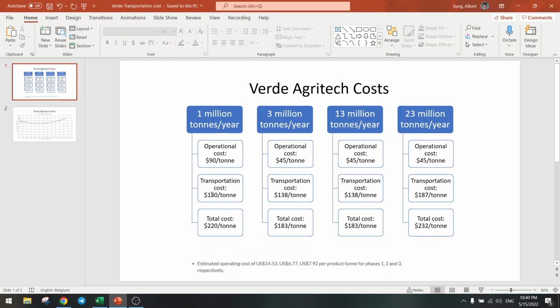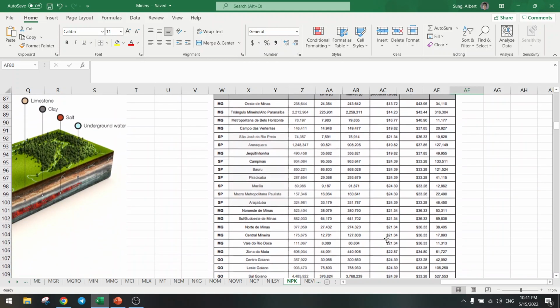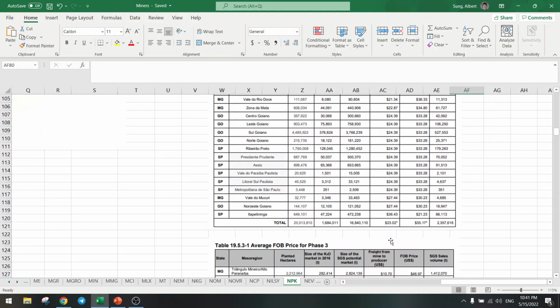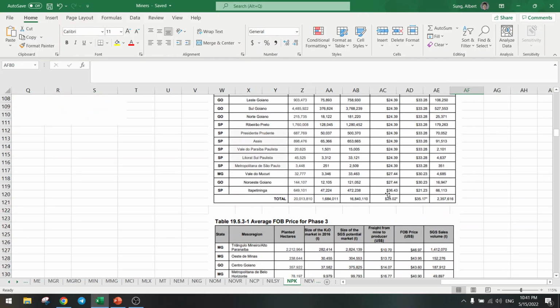Okay. Now, when we go to phase 2, what happens? The 21 freight costs per ton is going to rise, of course. And apparently it rises to 23. So it's just a 10% increase. That's not a lot.